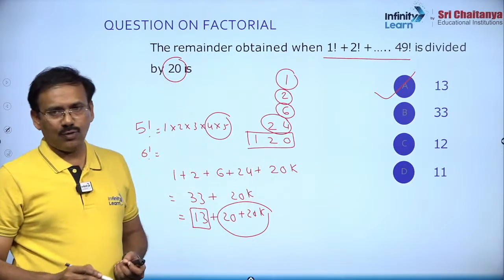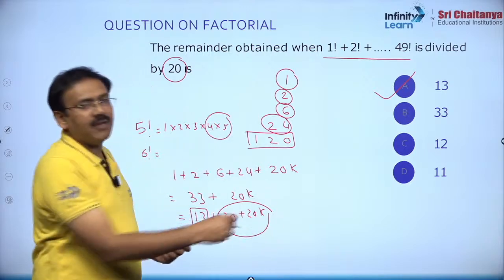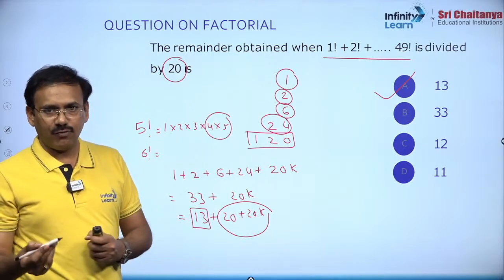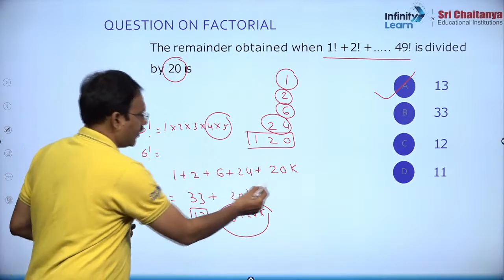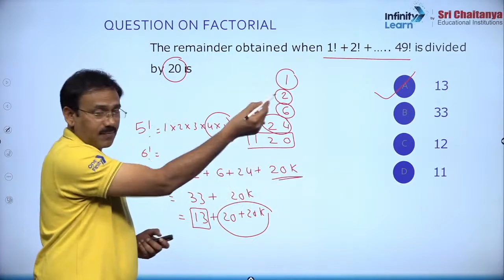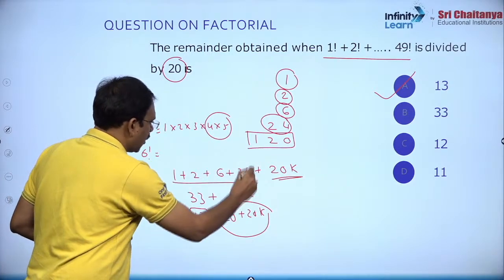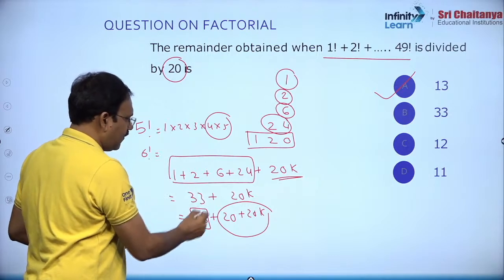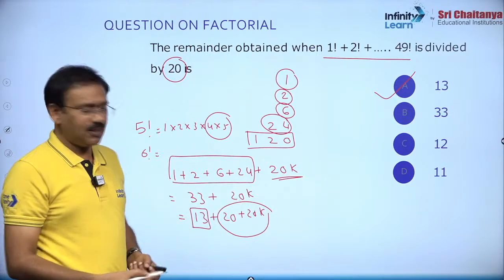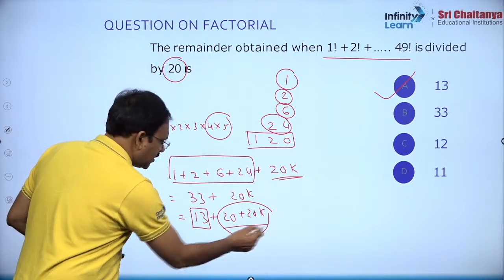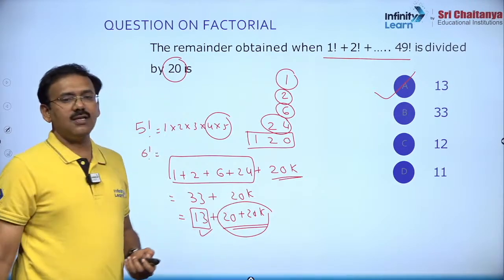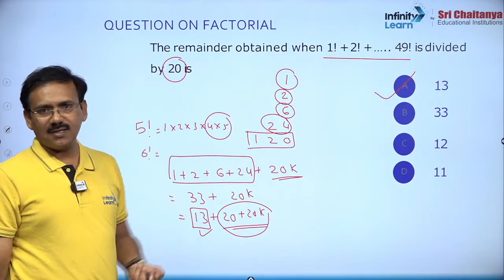From 5 factorial, all the upcoming factorials are multiples of 20, and hence, my dear friends, I have written the rest of the sum as 20k. This is altogether 33, which I can write like 20 plus 13, and hence this is divisible by 20. So 13 is the left out number. So 13 is the answer.